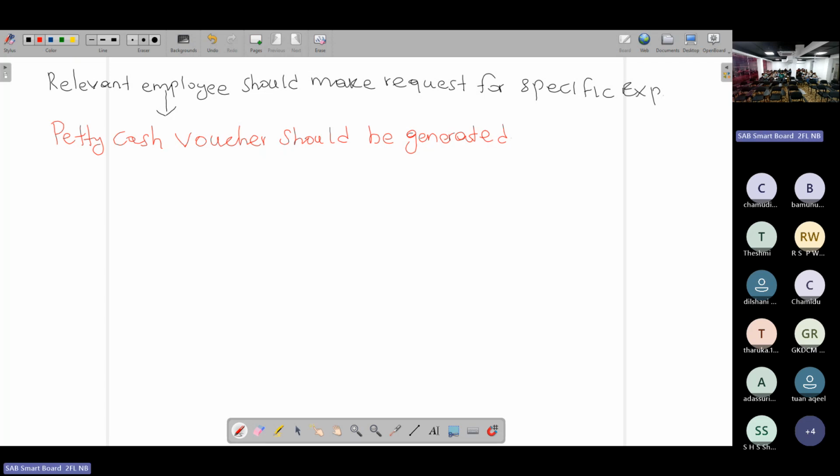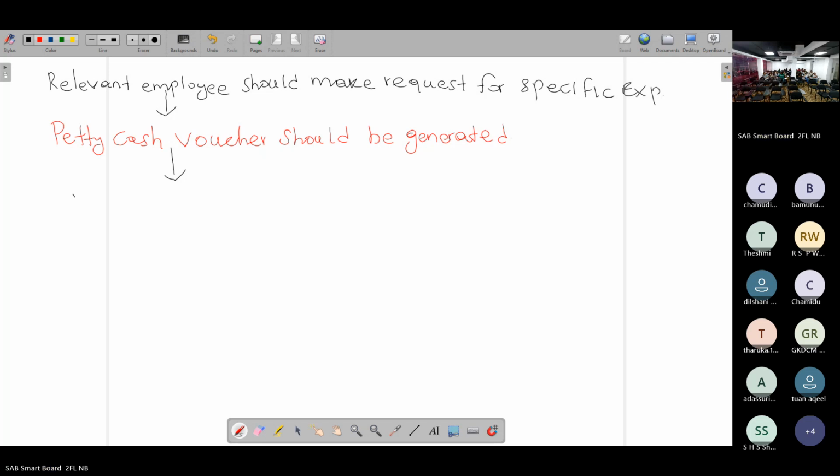Once the petty cash voucher is generated, these things that I'm going to write must be followed by the petty cashier. These things mean certain activities must be done.